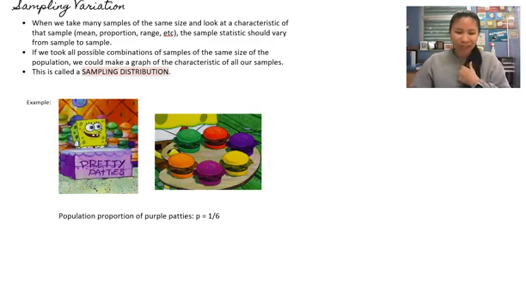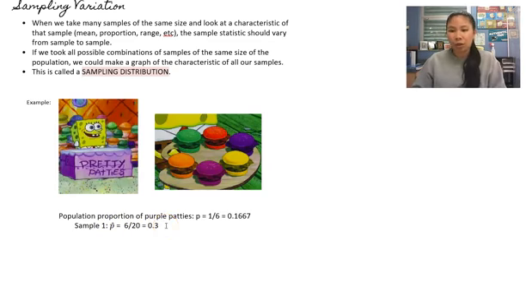So I want to know what proportion of the 20 patties I get is going to be purple. Let's say in my first order of 20 patties, I get 6 of them. This comes out to a sample proportion, a p hat, of 0.3. 6 out of 20 is 0.3.